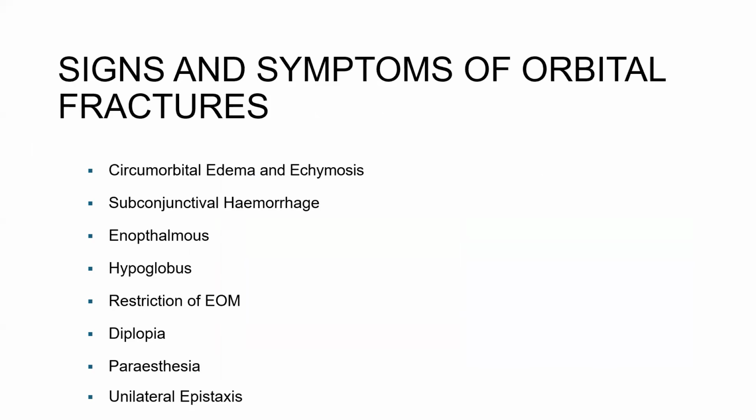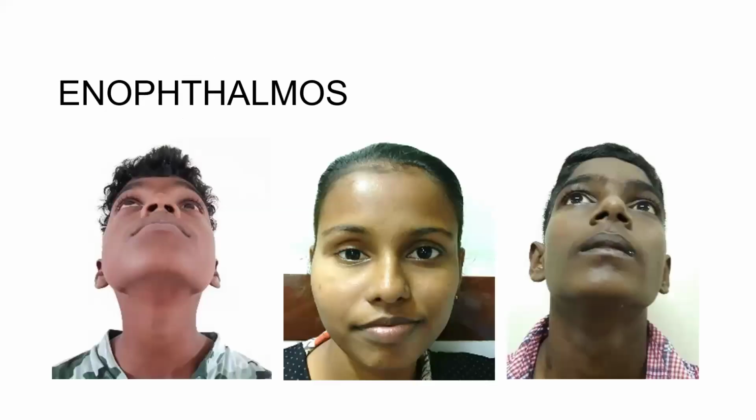So these are the signs and symptoms of orbital fractures. These may occur in isolation or in combination. This is a very important thing: circumorbital edema and ecchymosis, subconjunctival hemorrhage, enophthalmos, hypoglobus, restriction of extraocular muscle movements, diplopia, paresthesia, and epistaxis.